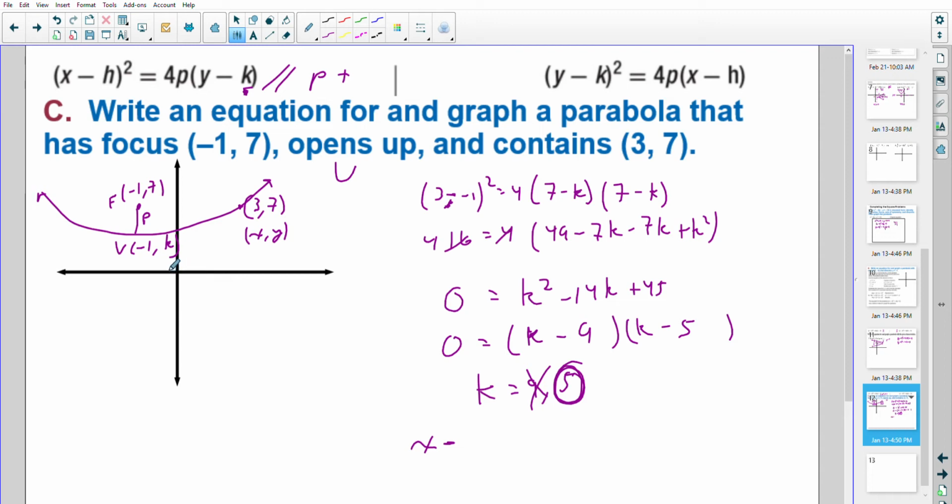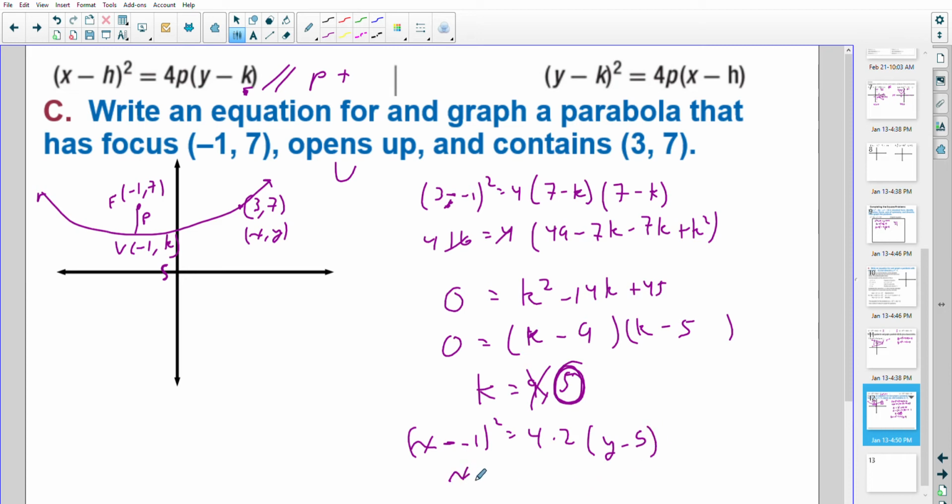So I'm just going to put a 5 here to remind me. Negative 1 squared equals 4. And now my p-value, remember, p is going to be this 7 minus k. So it's really equal to 2, or you could see it in the graph as well. y minus, and then this is your k value again, 5.